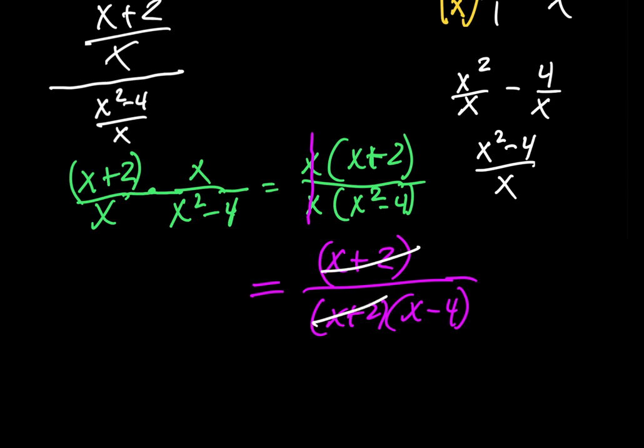And I rewrote, that should be a 2 right there. For a final answer of 1 over x minus 2. Ta-da!